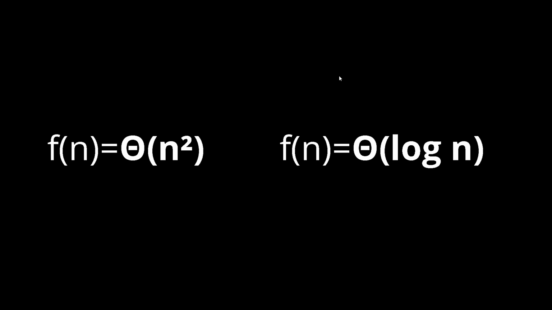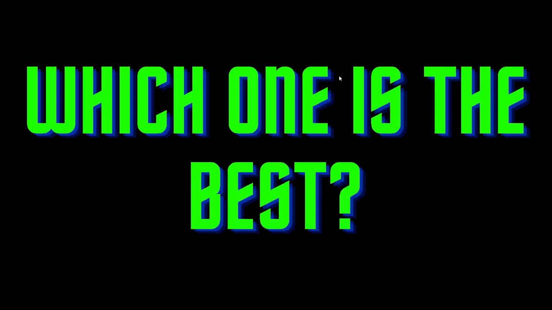There is one more thing I need to discuss, which is the best among big O, big omega, and big theta. The answer is big theta notation. You might say, why big theta, why not big O and big omega? See, in big theta, you're not caring about the upper bound and you're not caring about the lower bound.